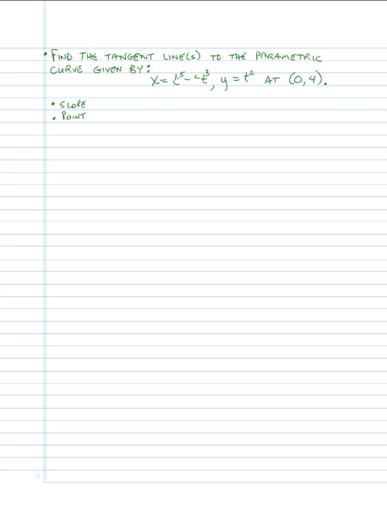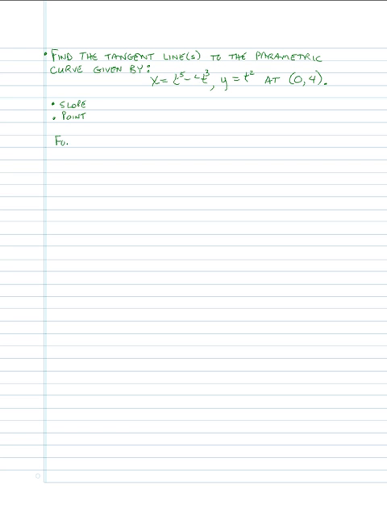The derivative of y with respect to x is going to be in terms of t. So what that tells us is that we have to know what t value, or values, give us the point 0, 4.